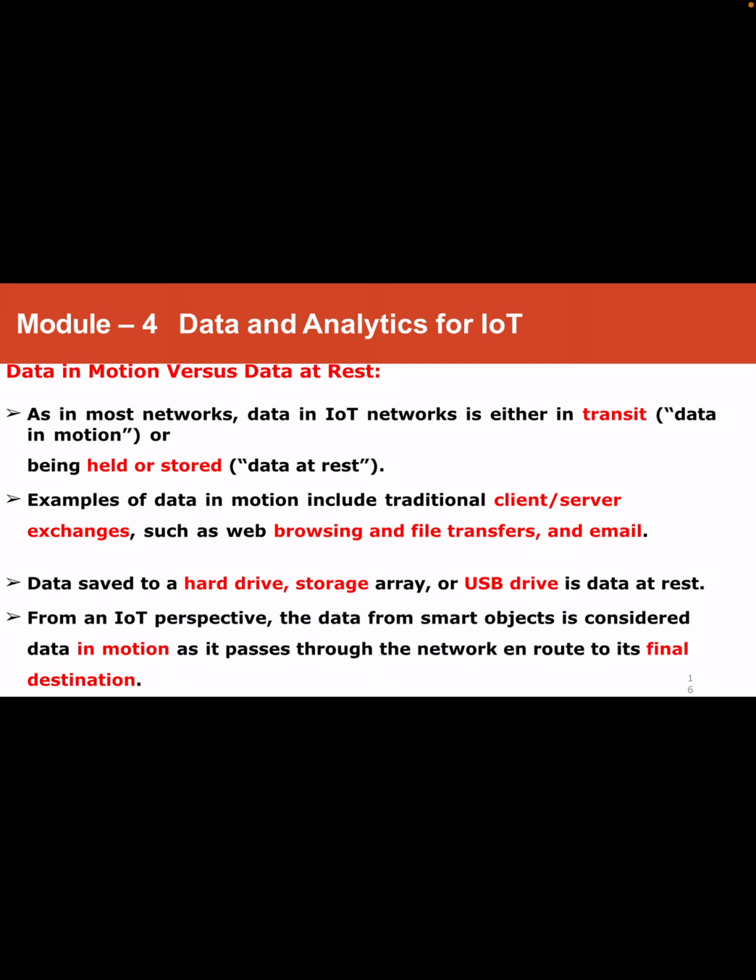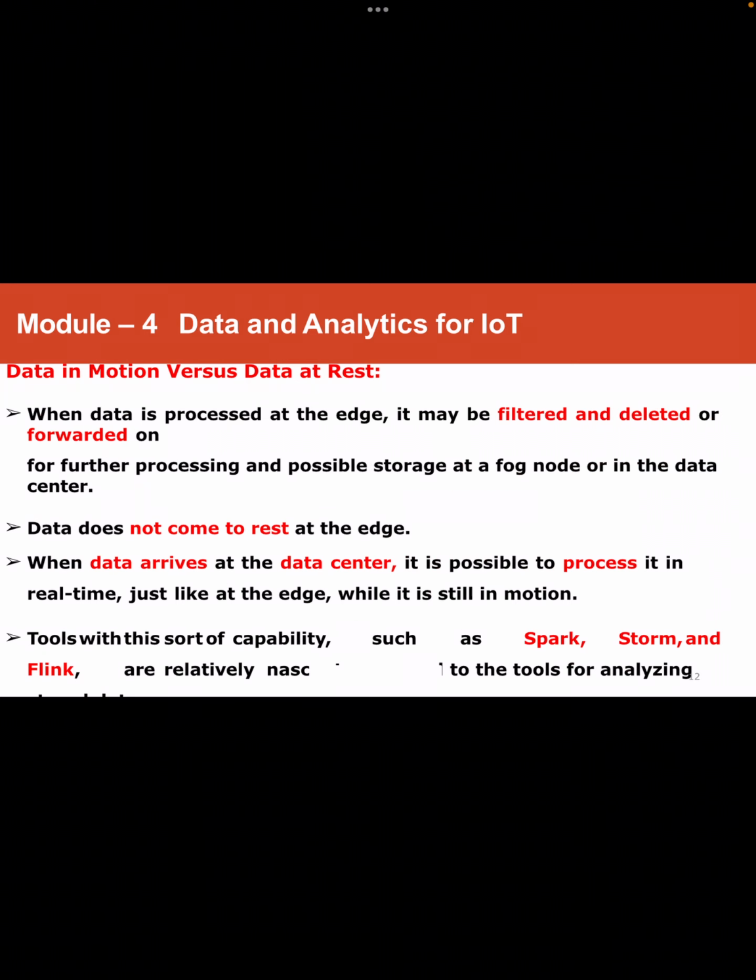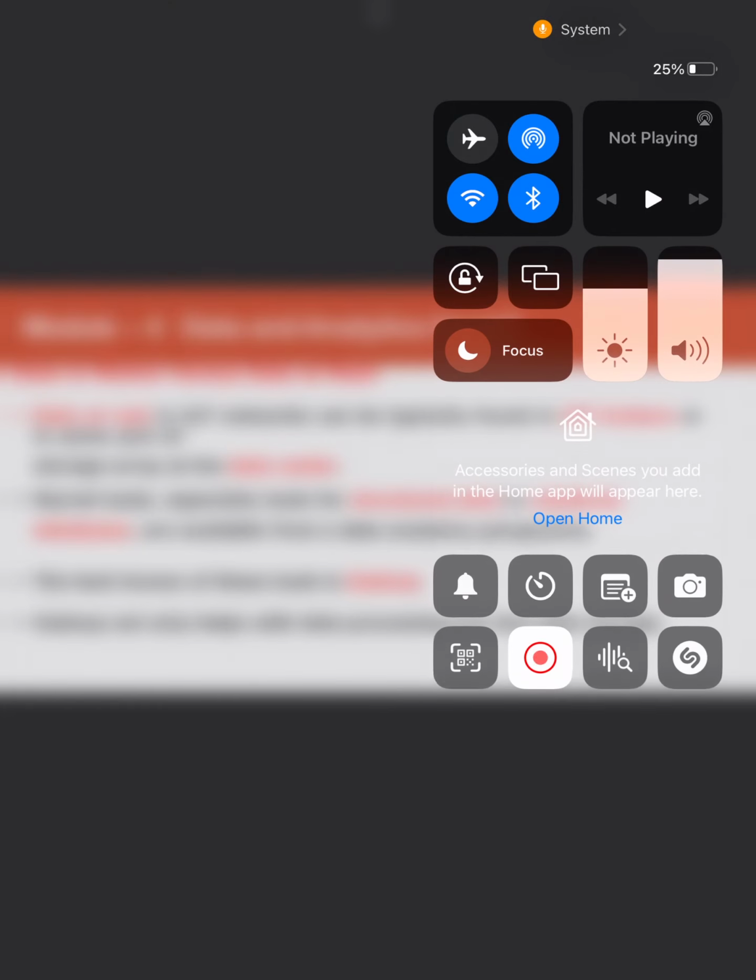Data saved on a hard drive, storage area or USB drive is referred to as data at rest. Data in motion means it is in an active state; data at rest means it is in a passive state. These are the different types of data: structured, unstructured, data in motion, and data at rest.